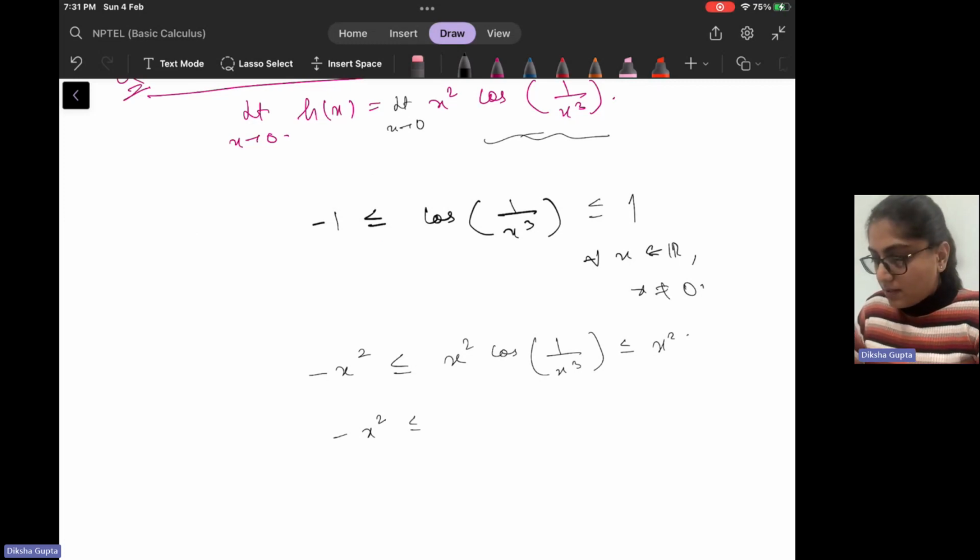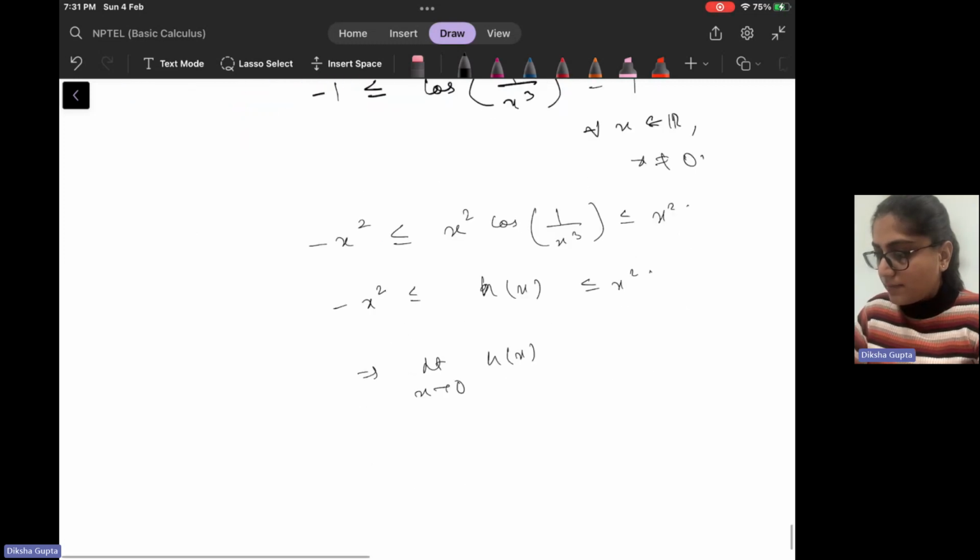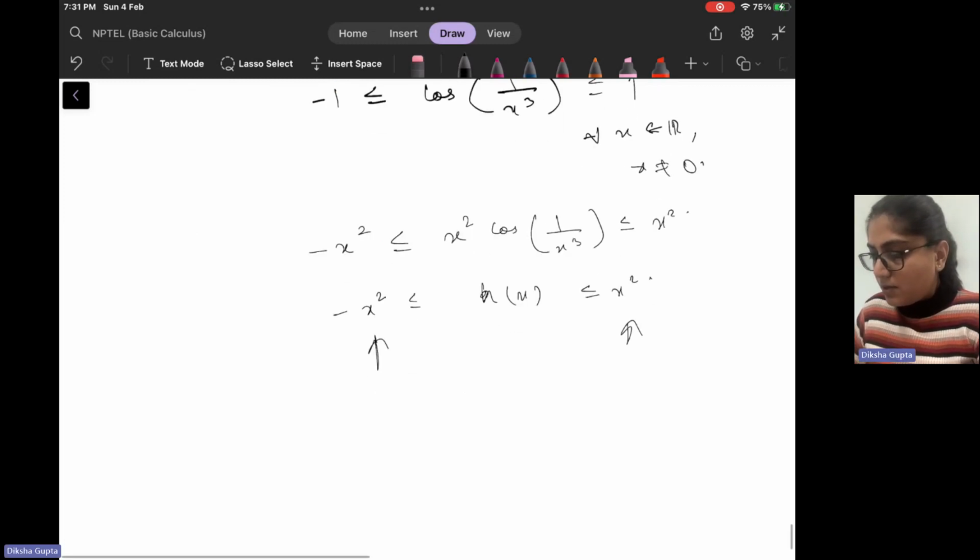So minus x square less than h(x) less than x square. Now these are f(x) and g(x), if you call them.